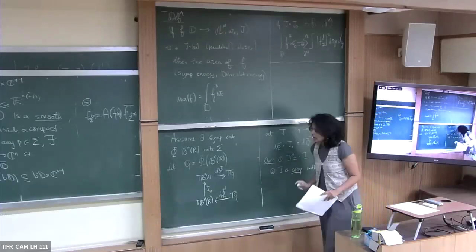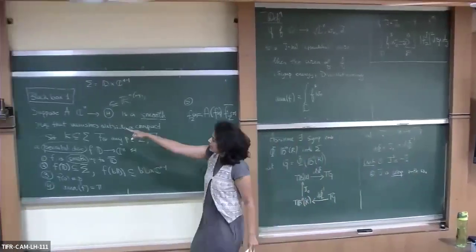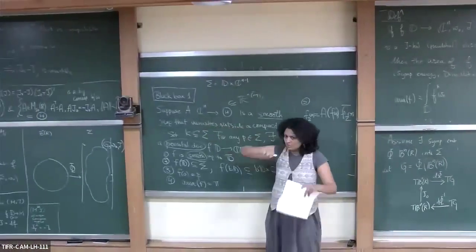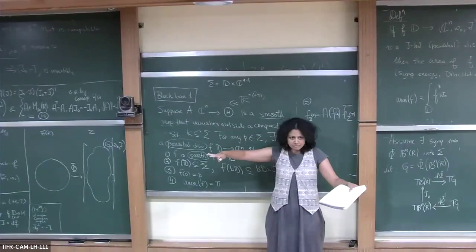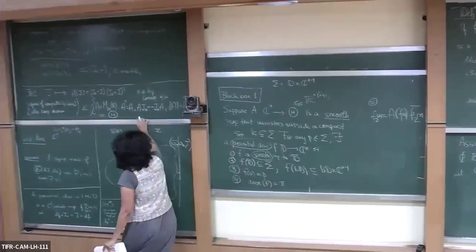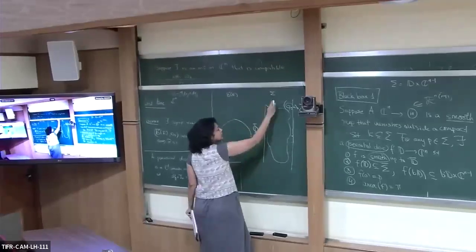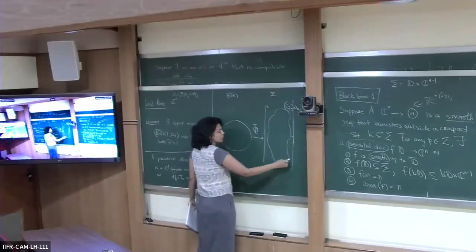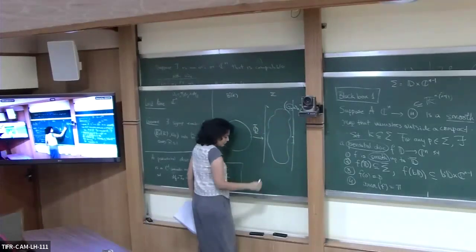So using a cutoff. Now remember that my complex structure has to be compactly supported, so I have to cut it off. I know a lot of you may not be able to see this picture. This J is living on this open set here, but I'm going to cut it off.